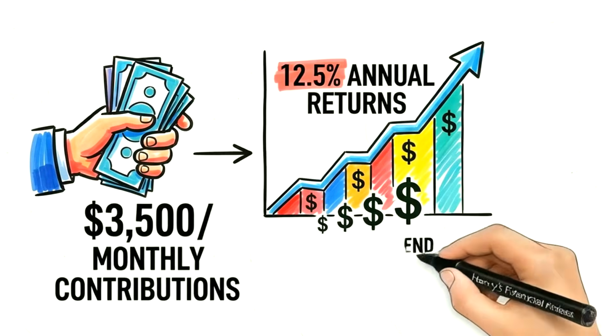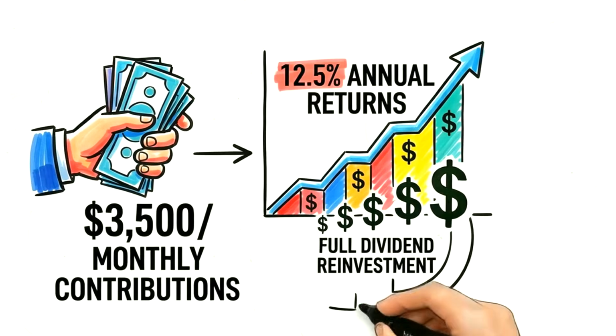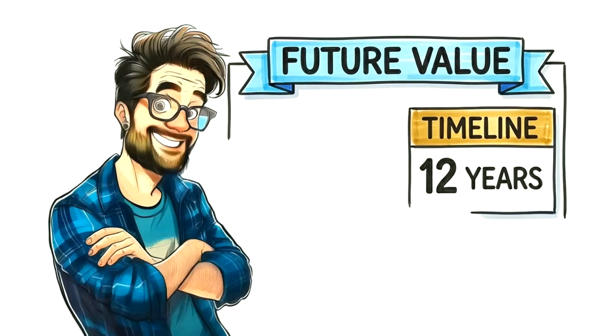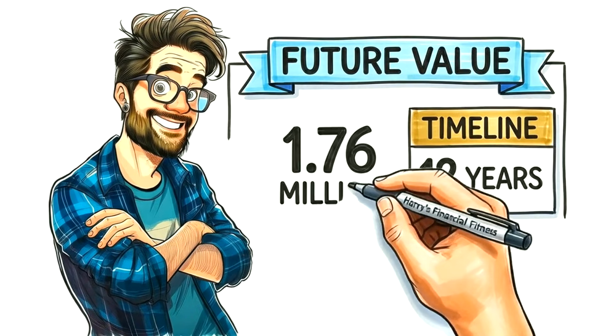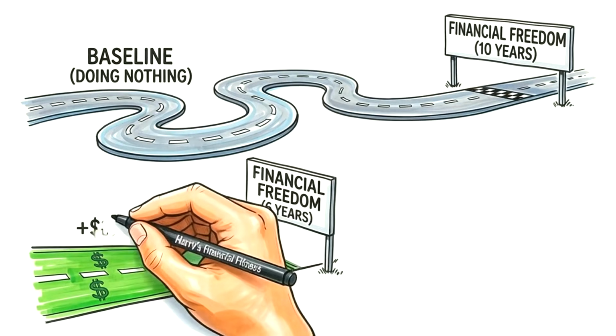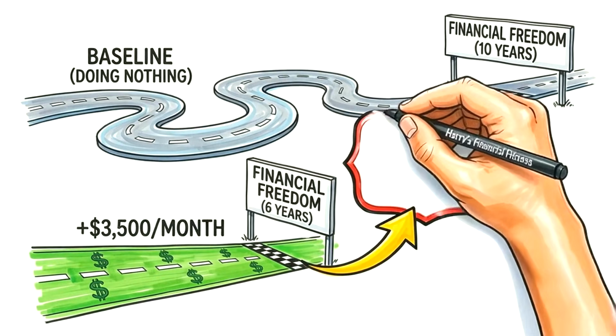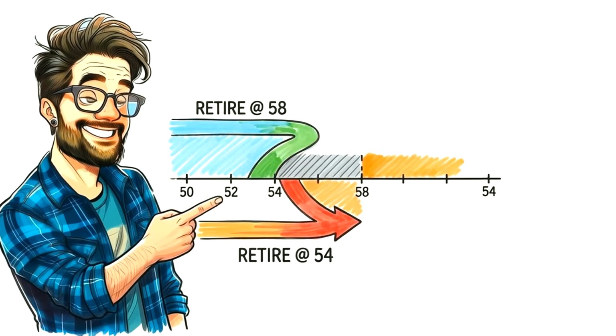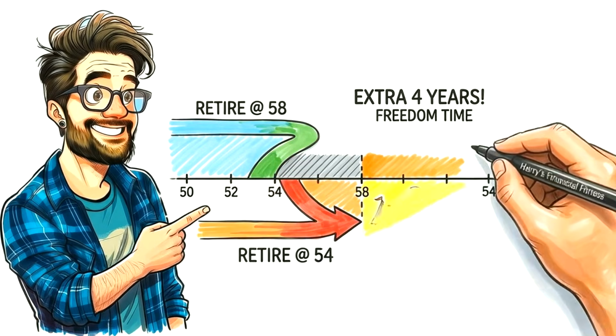At 12.5% annual returns with full dividend reinvestment, Harry could potentially reach $1.76 million in approximately 12 years. That's 4 years faster than doing nothing, just by adding $3,500 monthly. And at age 54 instead of 58, those extra 4 years of freedom aren't just numbers on a spreadsheet.